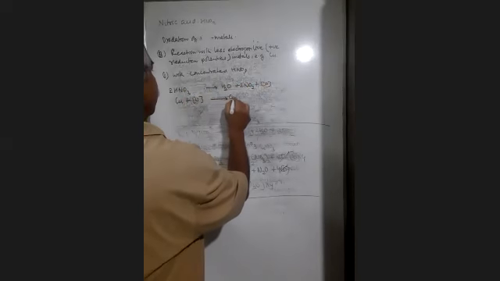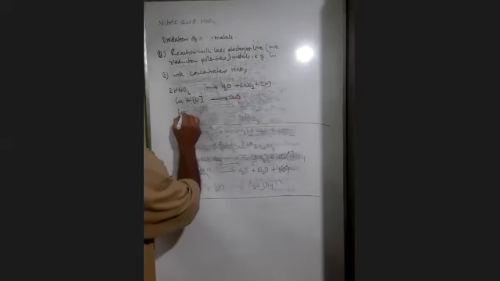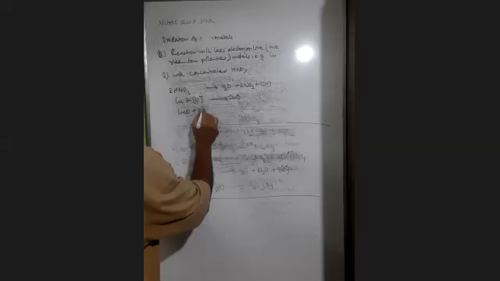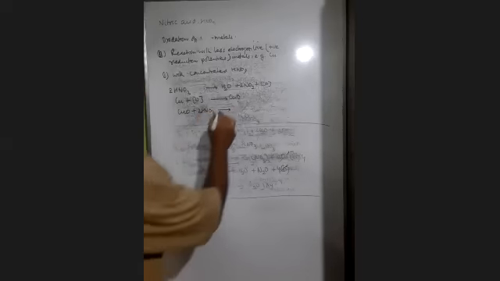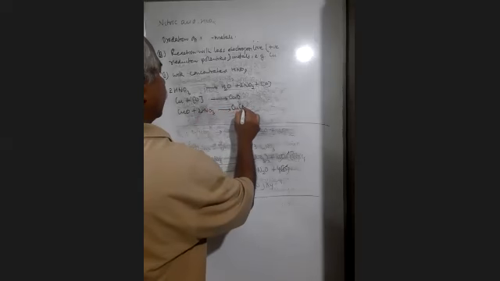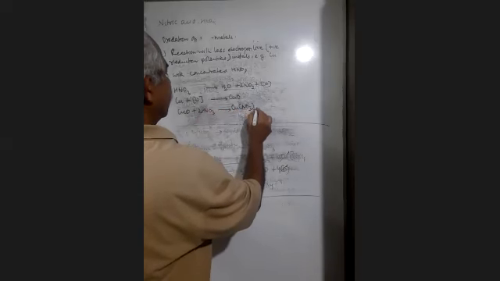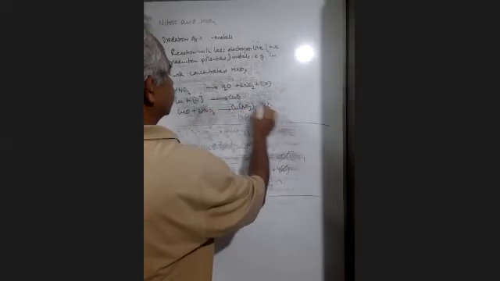What will you get now? Copper oxide. Any metal oxide is a base. And acid and base, if they stay together, they'll always react. So copper oxide plus 2HNO3 will give you copper nitrate plus H2O.